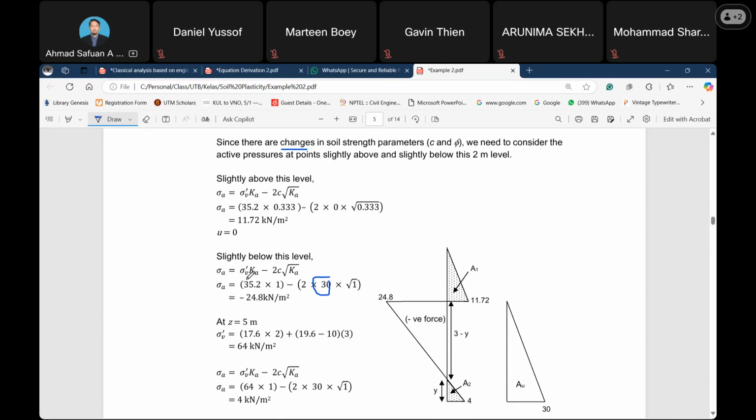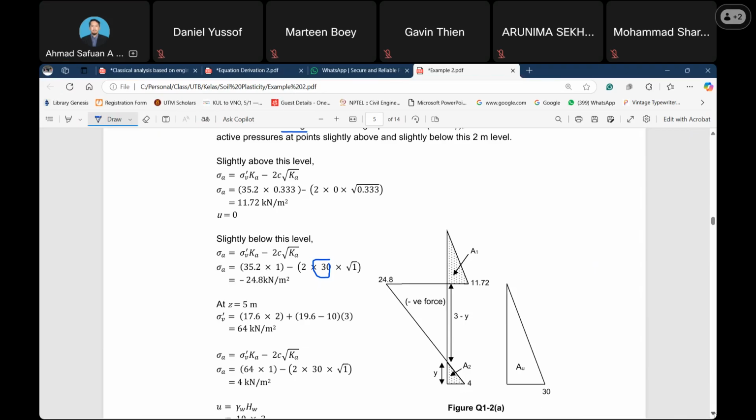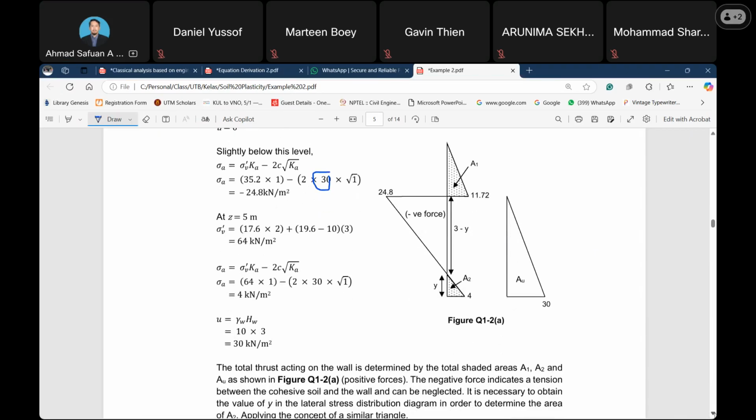At the depth of 5, we calculate the effective vertical stress and then get the horizontal effective stress. We need to differentiate between the hydrostatic pressure and the effective horizontal pressure.